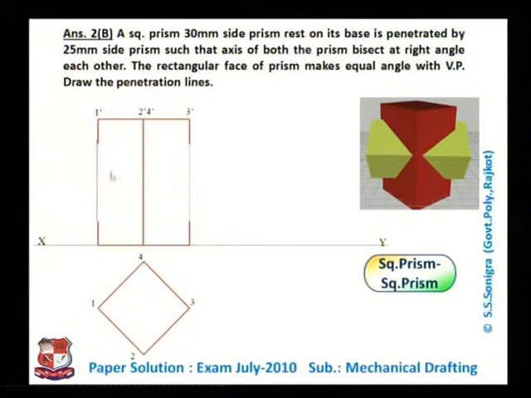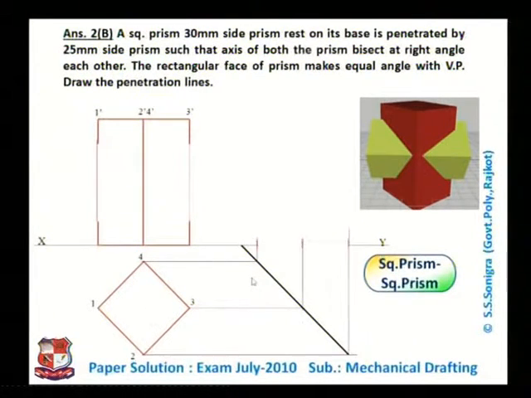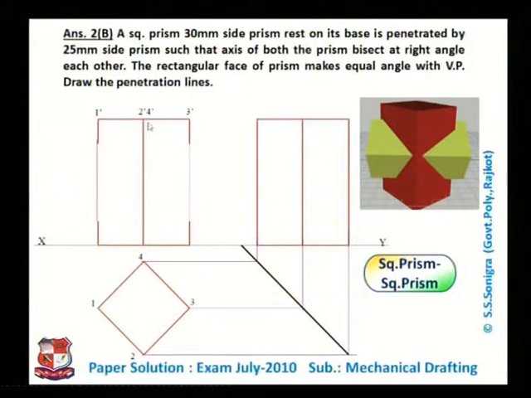This edge is visible, and these edges are the endpoints of this square prism. Now to draw the side view of this prism, let me draw a line at an angle of 45 degrees and take projections from 2 and 4 on this side, and from there draw vertical lines like this and project lines from here. So this is the side view of the given prism. So these three views we have drawn of this prism.